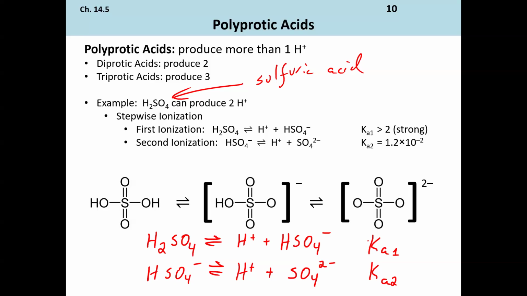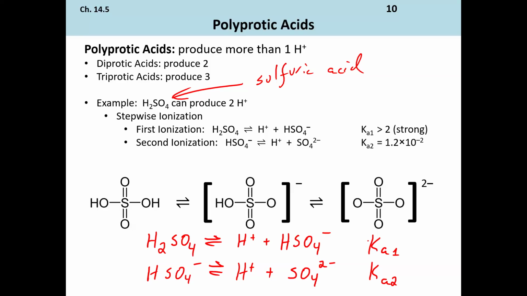This kind of makes sense. Let's say I have my wallet, I go to the subway or wherever I'm walking, and I lose my wallet. Someone pickpockets it. Do you think in the future it's going to be easy to pickpocket from me? No, I'm going to say, okay, I'm not going to wear it in an outer coat. I'm going to put it in my pants or something, so that way people can't steal. Well, losing that first H+ is easier than losing the second H+.